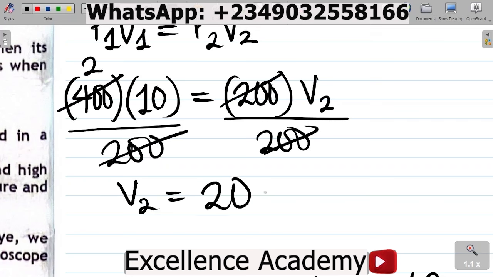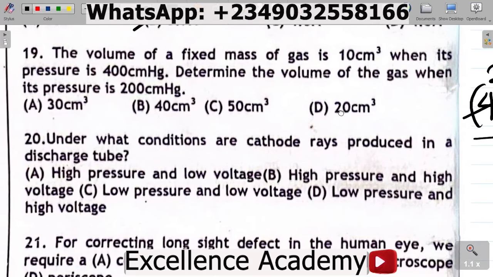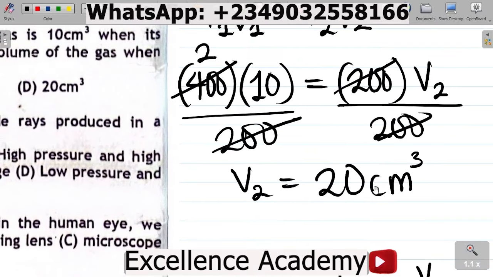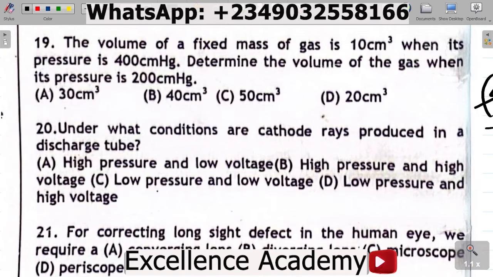The unit here is cm cube, because the volume here was in cm cube. Again, observe that we did not convert because this is in cm cube and this is in cm cube, so we didn't have to convert. The answer there is 20 cm cube. That's option D, 20 cm cube.